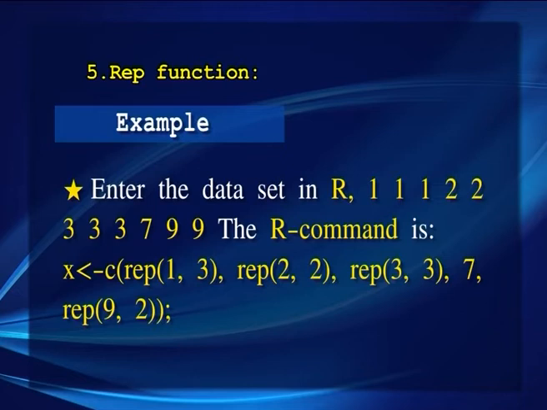The R command is x, use the assignment operator, c, open the bracket, rep, then within the brackets 1, 3, put a comma, rep, open the bracket, 2 comma 2, close the bracket, a comma, rep, open the bracket, 3 comma 3, close the bracket, put a comma, 7 comma rep, open the bracket, 9 comma 2, close the bracket, again close the bracket and put a semicolon.